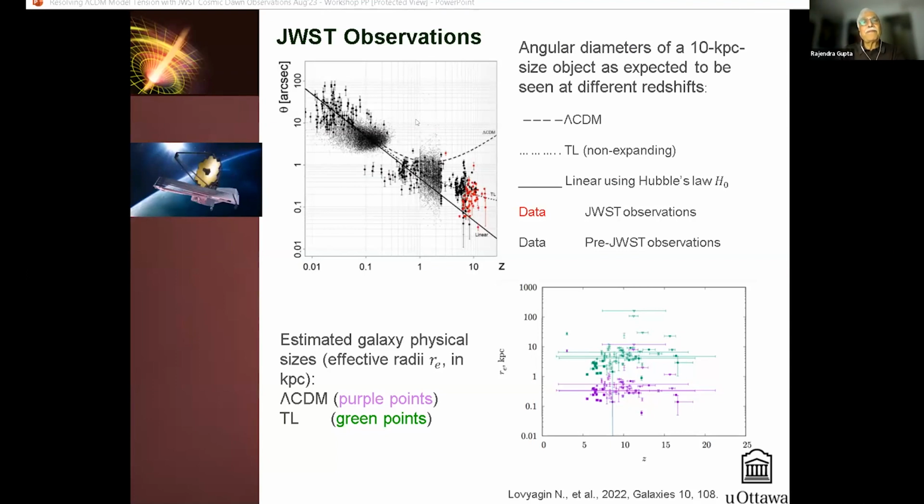Now, this kind of graph has already been presented earlier, and I don't think I need to discuss it in detail, except to say that the twilight model definitely appears to fit the James Webb observations better than any other model, whether it is the linear model using Hubble's law or the lambda CDM model.